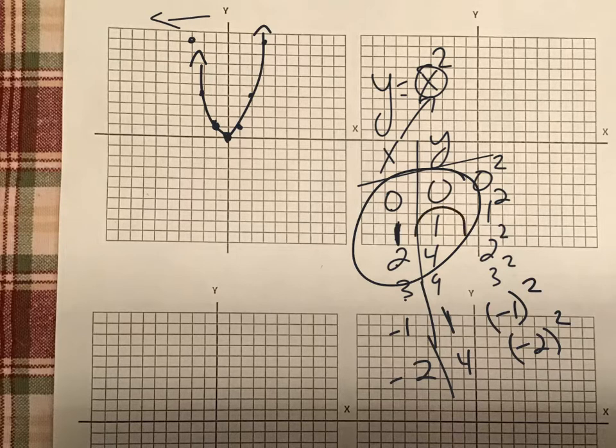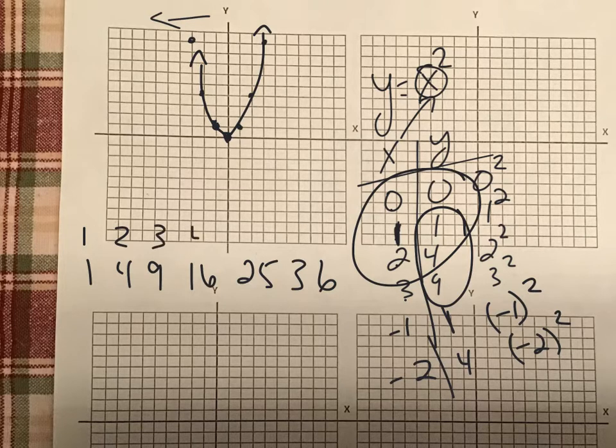And so these here are the perfect squares. 1, 4, 9, 16, 25, 36, right? So if I went over 1, if I went over 2, if I went over 3, if I went over 4, it'd be clear up at 16. If it went over 5, it'd be way up there at 25. Okay?